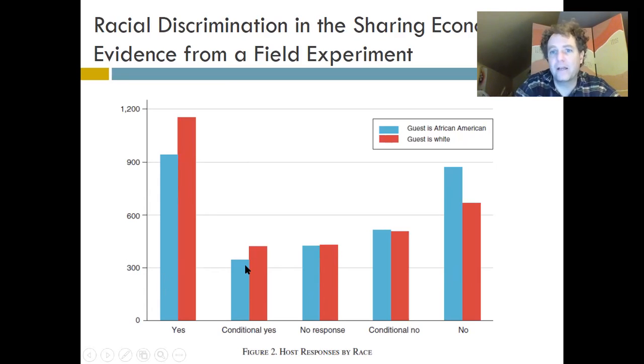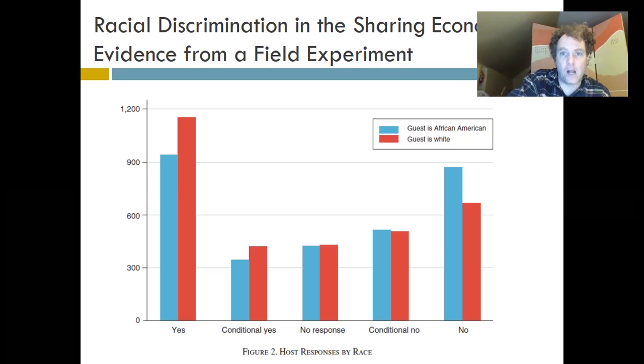And so what they found was that white guests were more likely to get a yes response, more likely to get accepted by the host. The difference was about, I think, 42 to 50%. So 50% of the time white guests got accepted to stay, and 42% of the time African American guests got a yes answer.